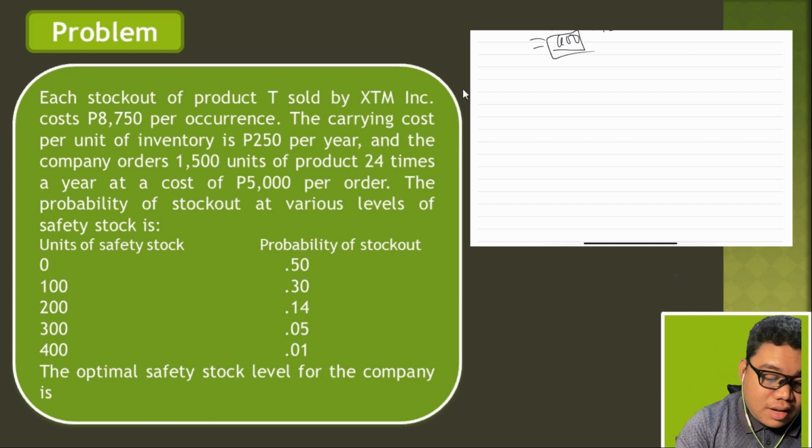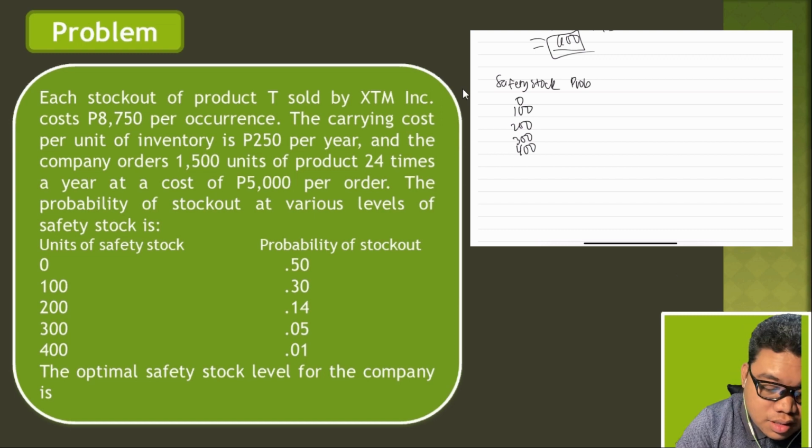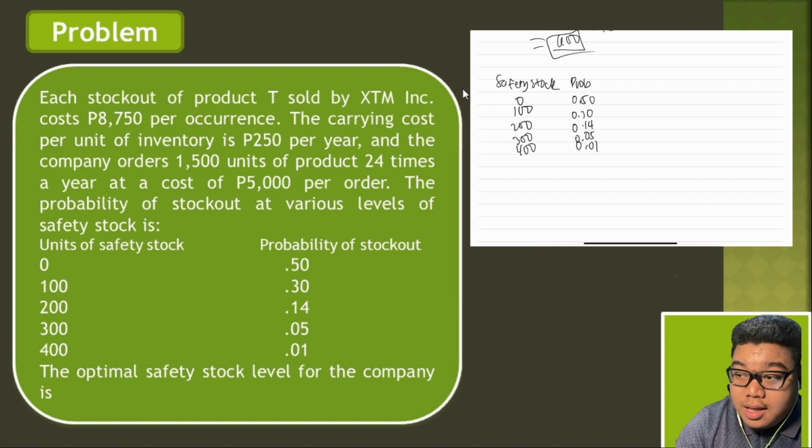So here, we have the safety stock, which is 0, 100, 200, 300, and 400. Then the probability of stockout is at 0.5, 0.3, 0.14, 0.05, and 0.01. Then our stockout cost here would be 8,750 multiplied by the number of occurrences, which is 24.